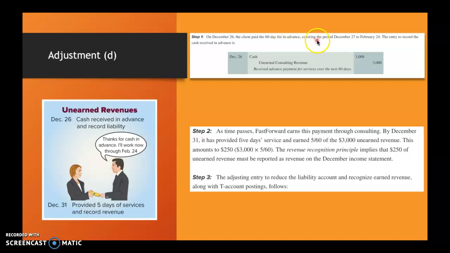If we do the math, the fee covers December 27th, 28th, 29th, 30th, and 31st. So that means it covers 5 of the 60 days.